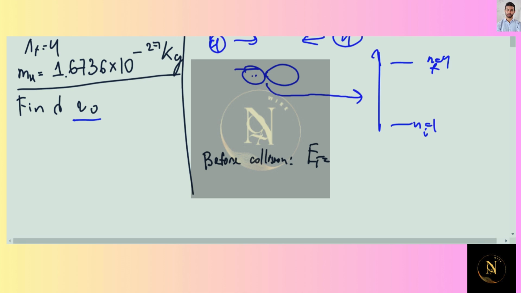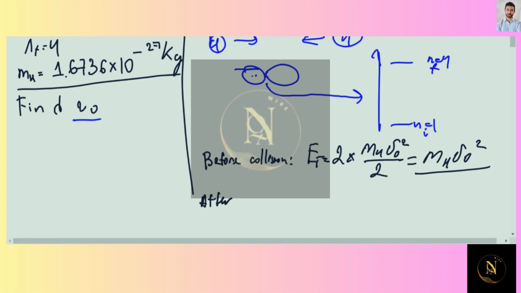So it equals 2 multiplied by the mass of a hydrogen atom multiplied by its squared initial velocity divided by 2, or the mass of a hydrogen atom multiplied by its squared velocity. After the collision, all the energy is transformed into two energies of excitement. So it's 2 multiplied by the energy of the transition from state 1 to state 4.